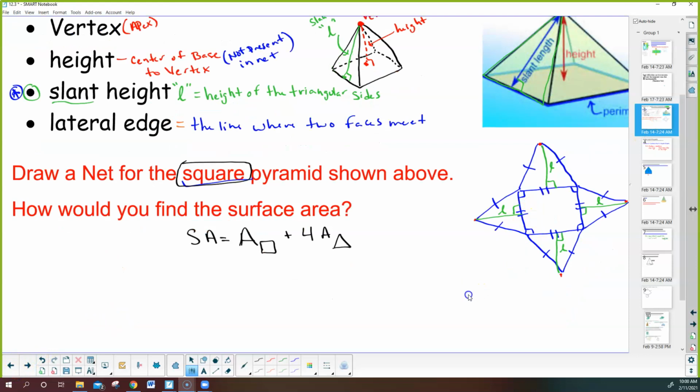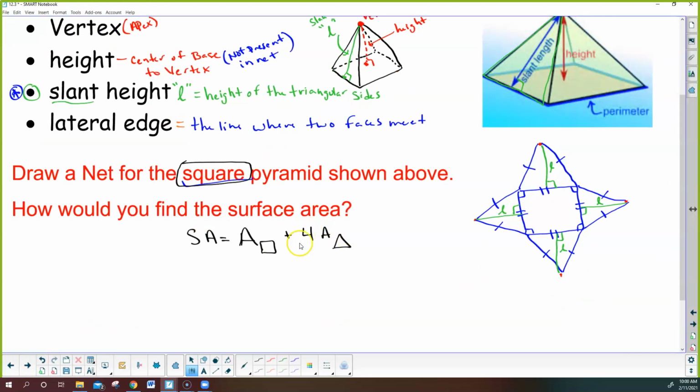So one thing to think about, there's actually another way to calculate the lateral area, the 4 lateral faces. Notice they all have the same slant height. So if I took the perimeter of this shape times the slant height times a half, that's like doing half of the perimeter times the slant height.